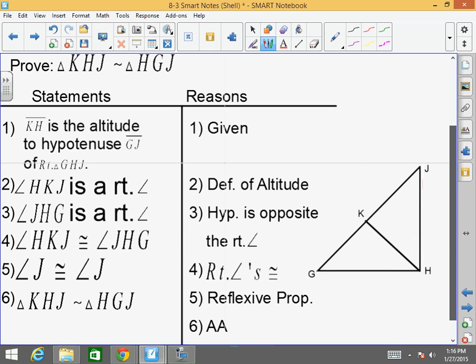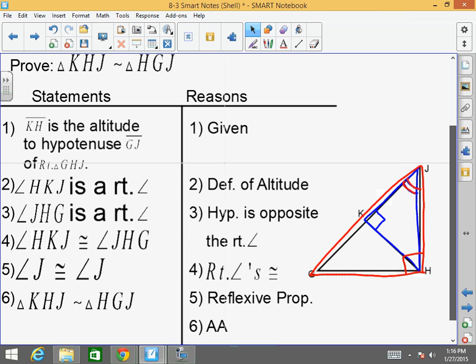I am talking about JKH. And I know that this is a right angle, and this is going to be congruent to itself. And then I'm talking about HJG. Isn't this a right angle? And isn't J part of that larger triangle as well? Angle, angle. Does that make sense, boys?